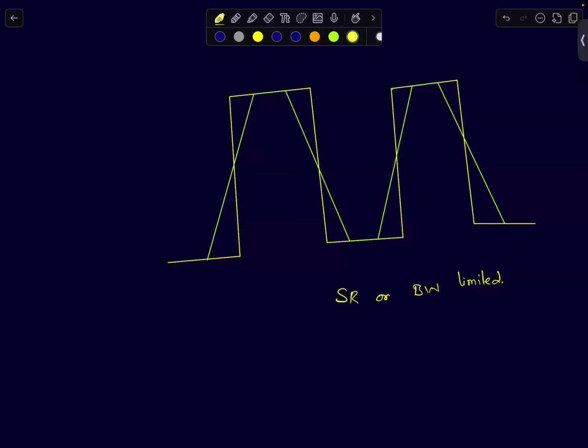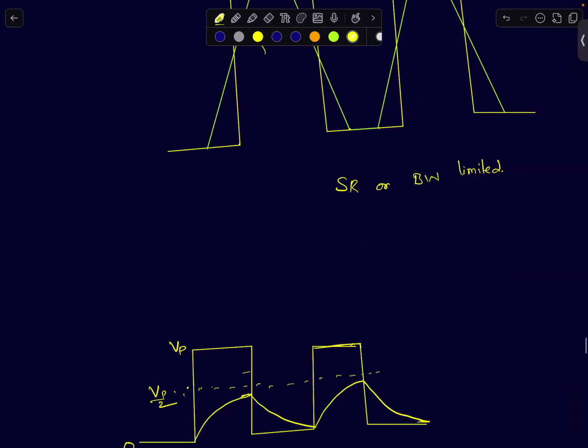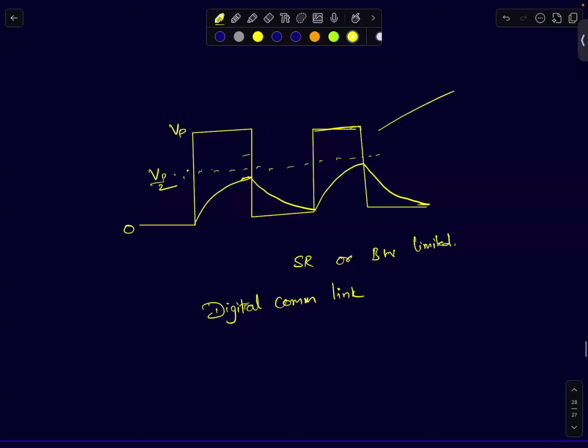If your output is increasing linearly, once it hits here, so that's what I've shown here. The green is the output, so then it's slew rate limited. Bandwidth generally should look, let's take an example like this. I've used the same color for input and output.